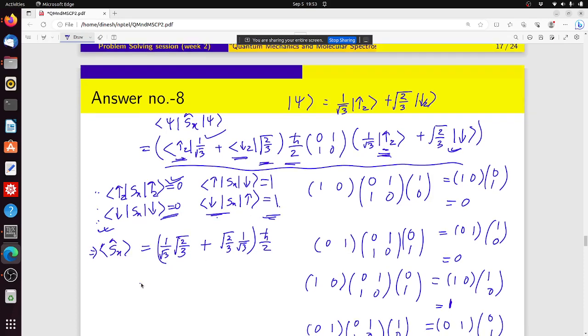So effectively we have 2 root 2 by 3, actually this is whole root 3. So this is the expectation value of Sx. Okay, it's h cross over 2 also. So it's h cross root 2 over 3. So it's pretty simple. Any doubts?